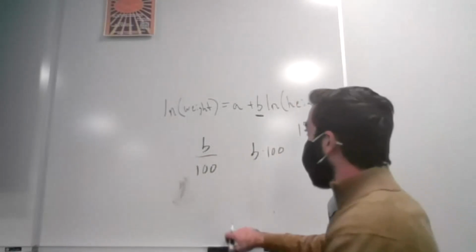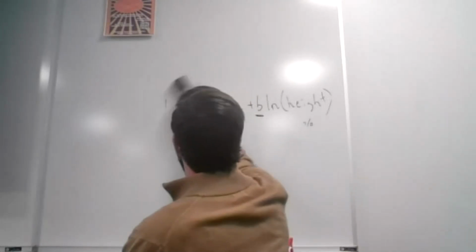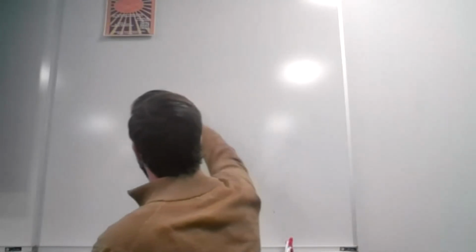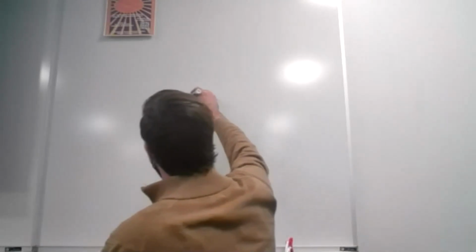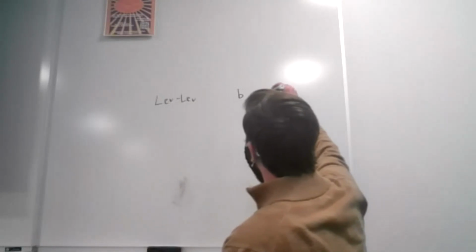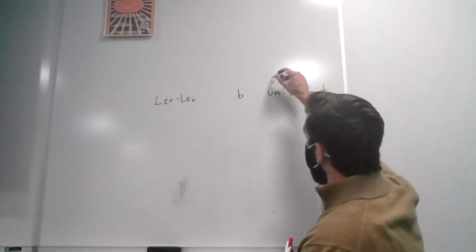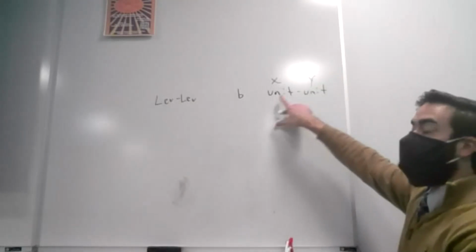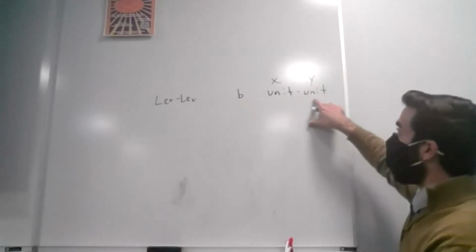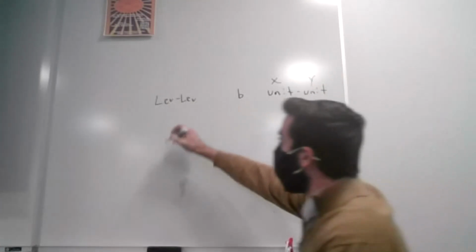So the level-log model, maybe we can organize this nicely. For level-level, you can think about a 1 unit change in the X variable causes the Y variable to go up by this many units.